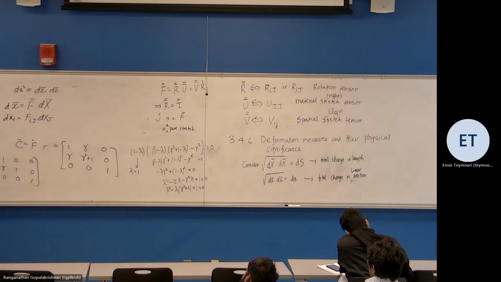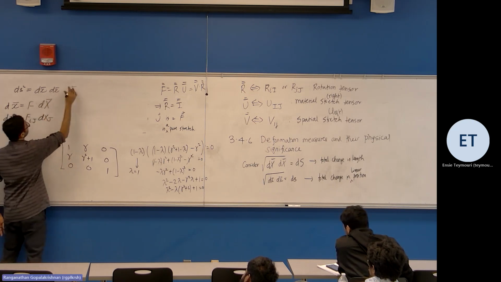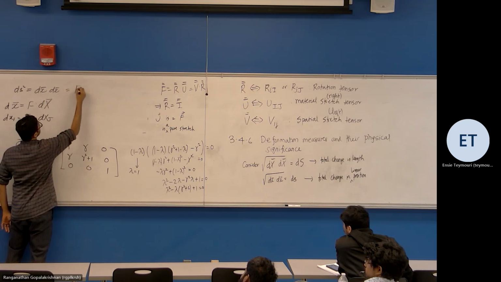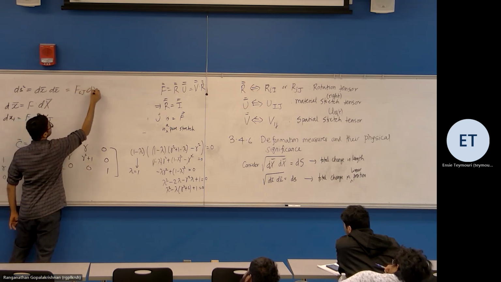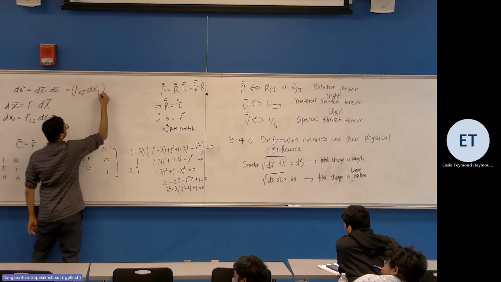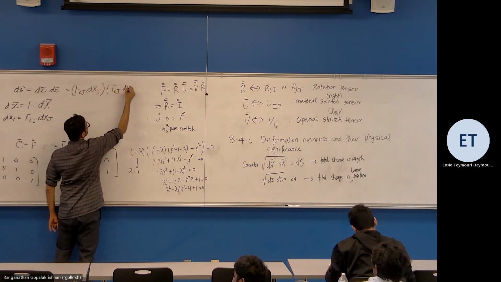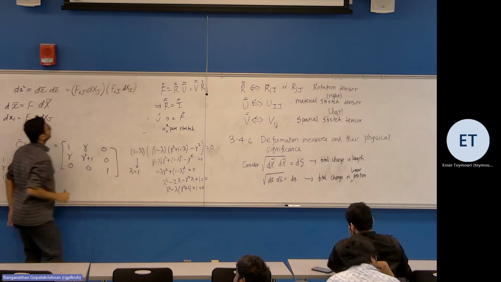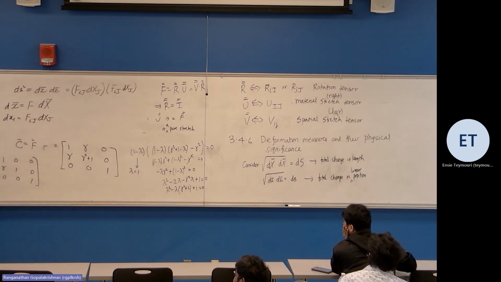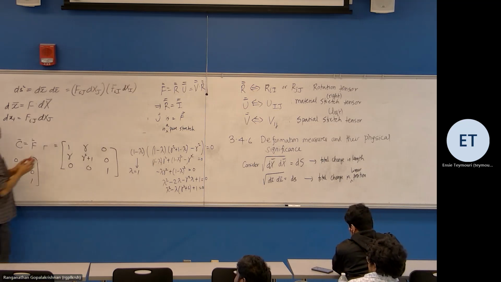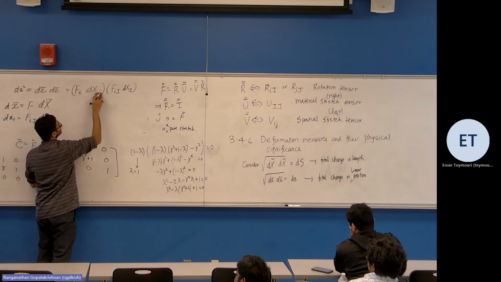Okay. So this is Fij dXj, and this is Fik dXk. Why am I writing it twice, but writing it with different indices? I write this as i and this as j.